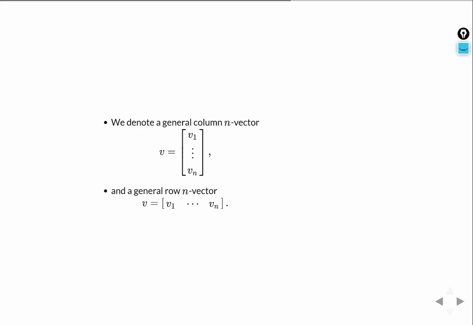In general, if the vector has n entries or elements, if it's a column n vector, we can write it in this form, and if it's a row n vector, we can write it here.